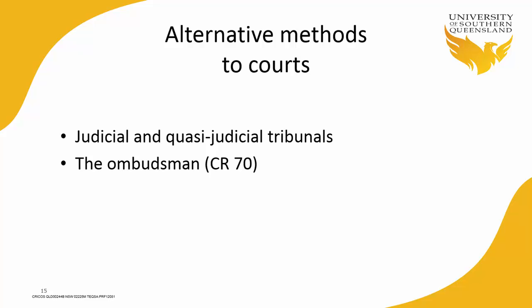So on page 63, there is this discussion of judicial and quasi-judicial tribunals. And the idea is really described in brief in the box at the bottom of page 63.